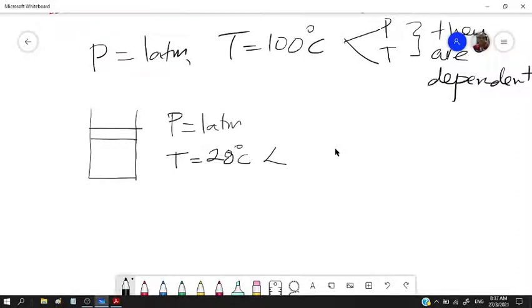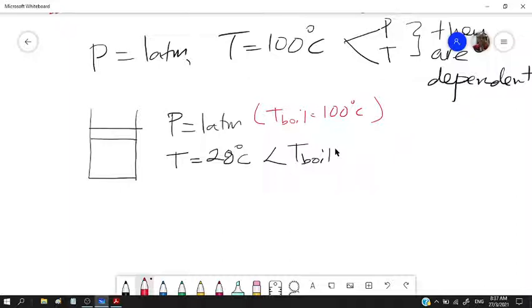We know that the T-boil at 1 atm is equal to 100 degrees C. So it's less than the T-boil.